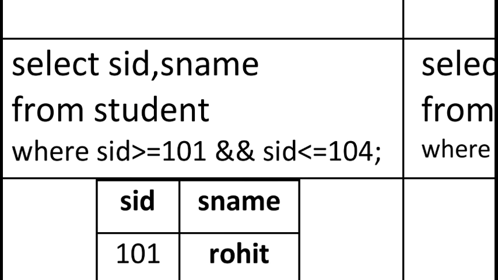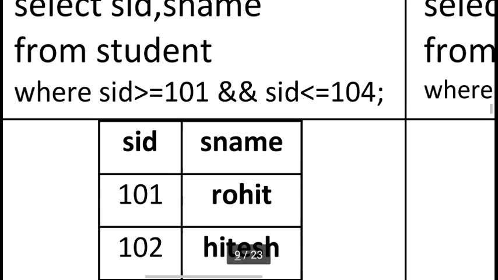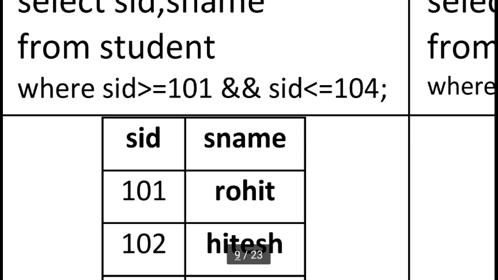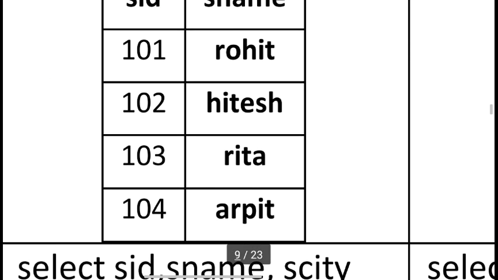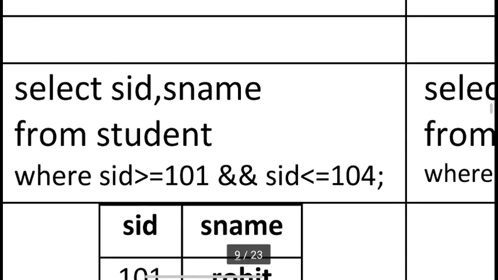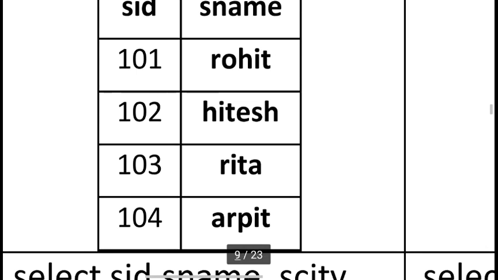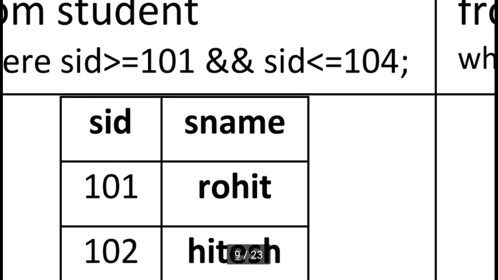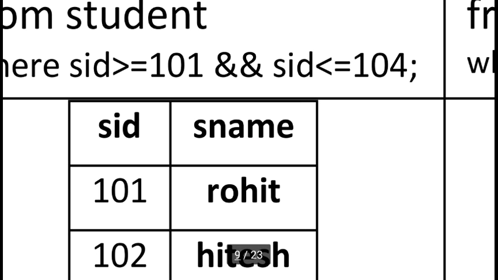So you can see all the rows between 101 inclusive and 104 will come, with the columns SID and SNAME. So here the AND operator joins multiple relational conditions.